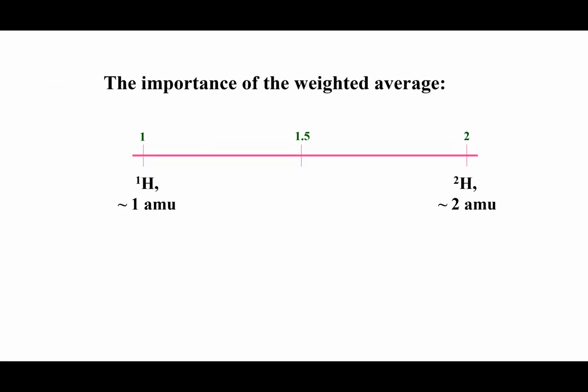Hydrogen, oh my goodness, don't get me started. The decimal number for hydrogen is 1.008. We use a lot of hydrogen in this class, so 1.008 AMUs is an average atomic weight. It has 2 naturally occurring isotopic forms. This one was a lot more abundant.